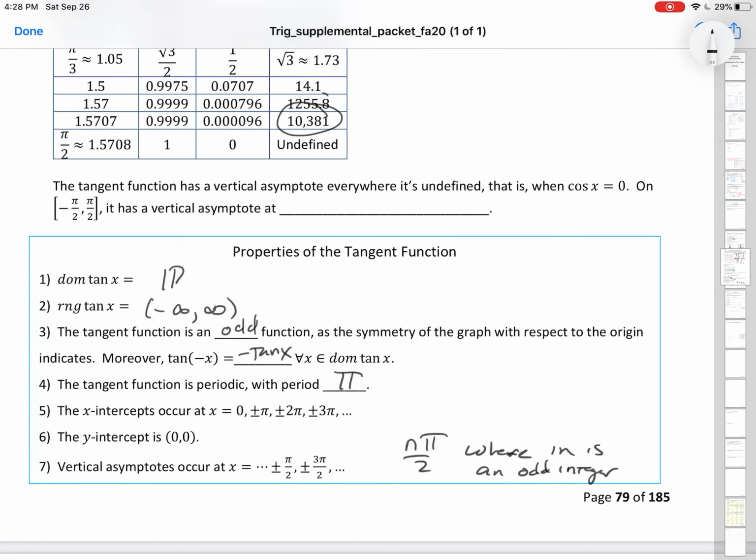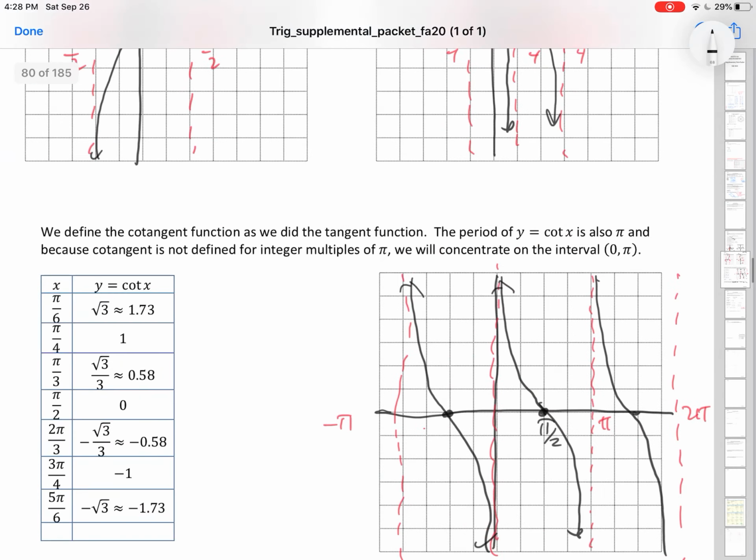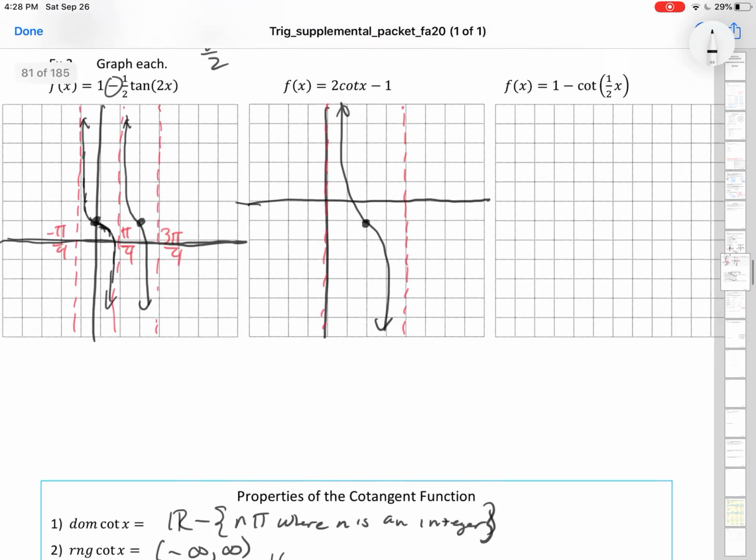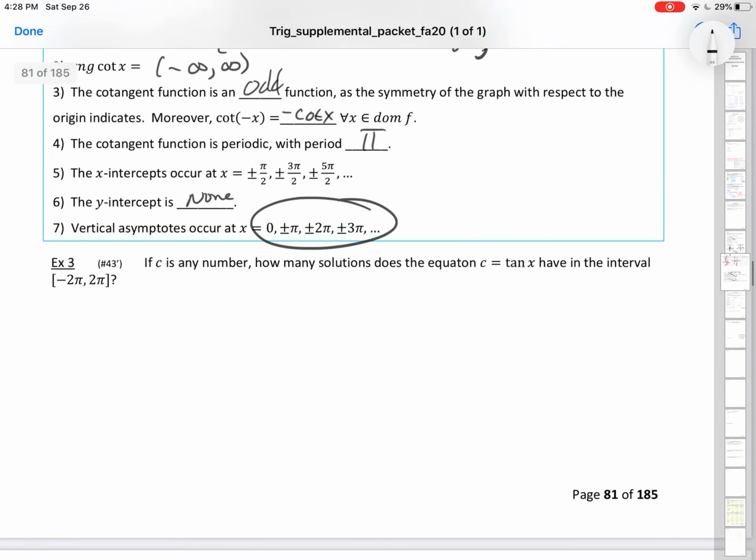The domain for tangent is all reals, but you need to take out all the n pi over 2's where n is an odd integer. Right? You can't have those places where it's undefined be part of its domain. Don't know why I didn't think about that before. I certainly was thinking about it here.